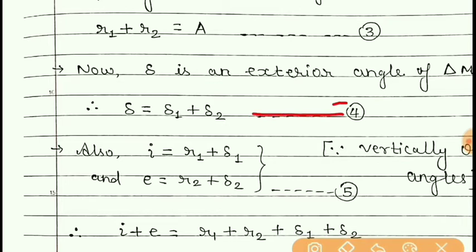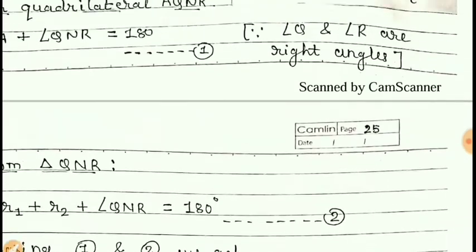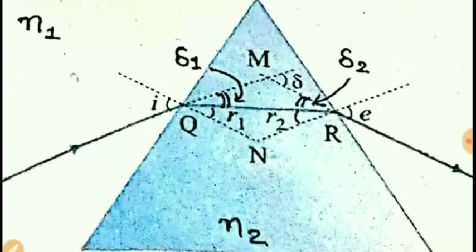Let us give this equation number 4. Also, I is equal to R1 plus delta 1 and E is equal to R2 plus delta 2. How? Let me show you. Angle of incident I, this angle. Now students, carefully look here.